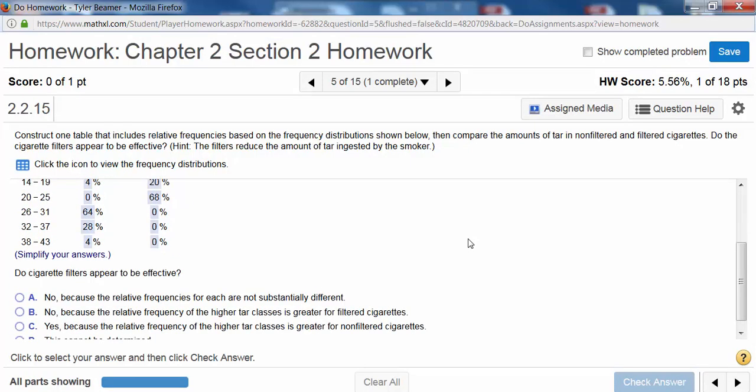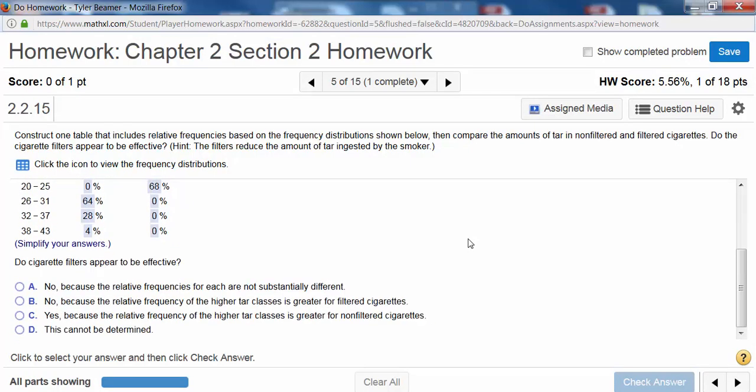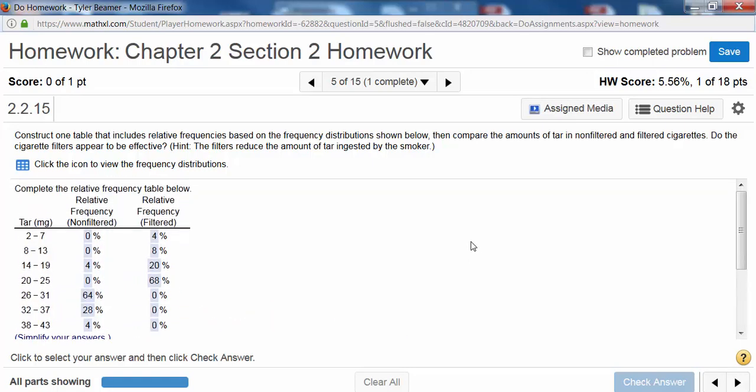So then it says, hey, do cigarette filters appear to be effective? And so if we look at our relative frequency, we notice that our percentages here for filtered cigarettes seem to belong to the classes that have lower amounts of tar, which is what you would imagine, right?